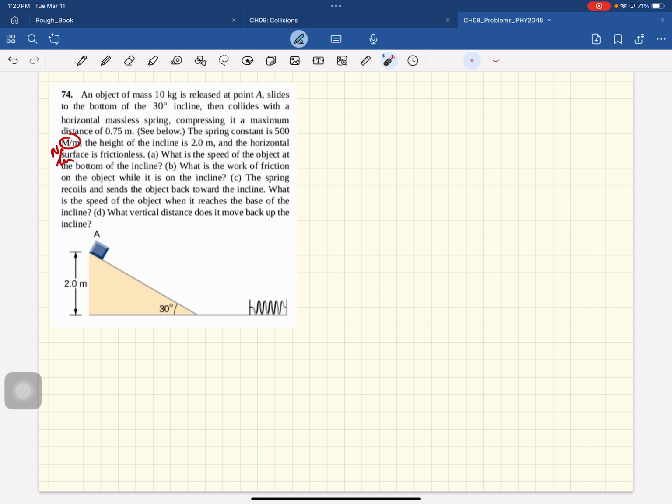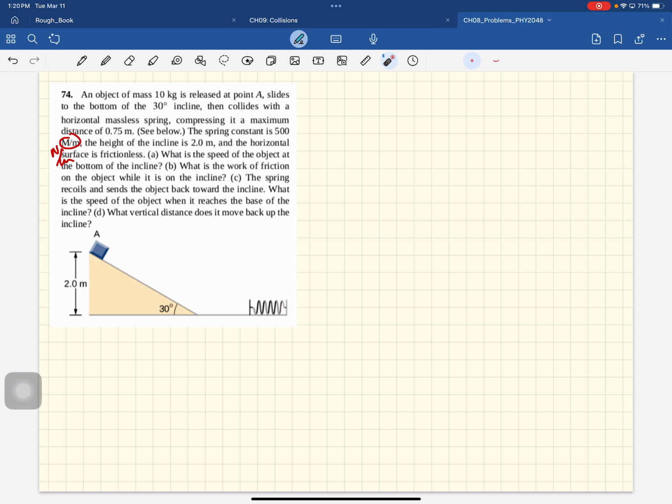But if there's friction, this will be slower than on a frictionless surface. The spring recoils and sends the object back towards the incline. We won't do all those parts, so if you understand just the first two parts, that'll be good.